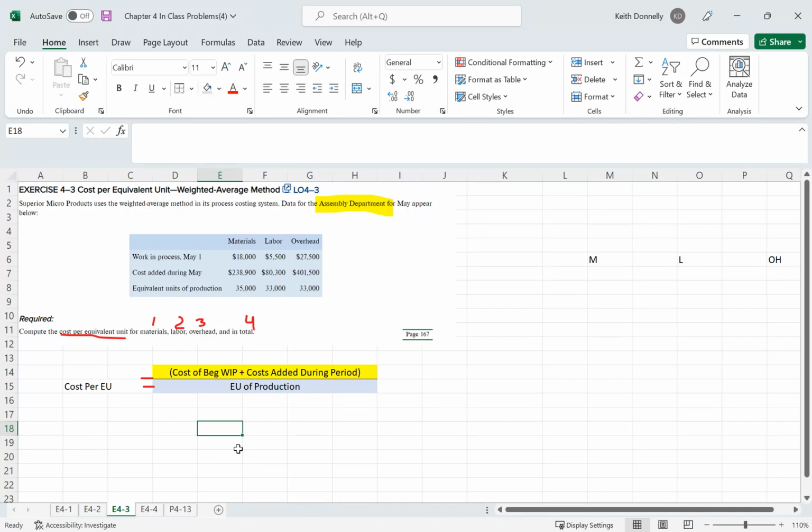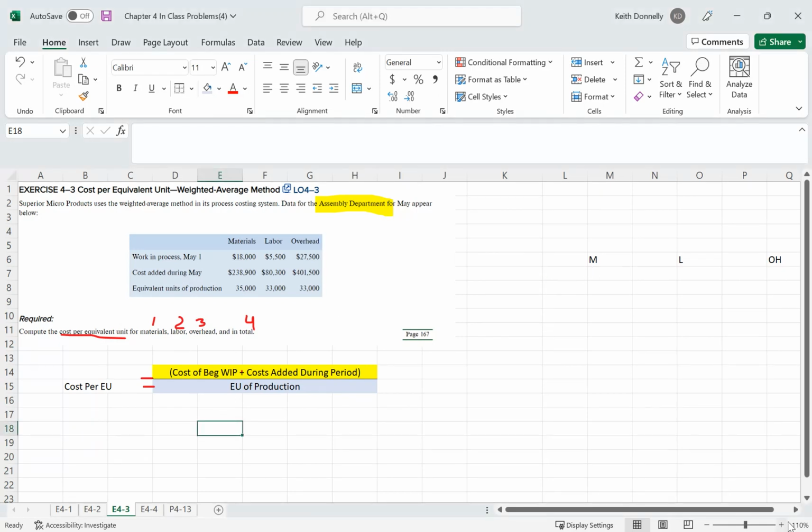So that's what we're trying to do in this case. You can see how it's building off of it. Last time we calculated equivalent units of production. Now we're looking at cost per equivalent unit.